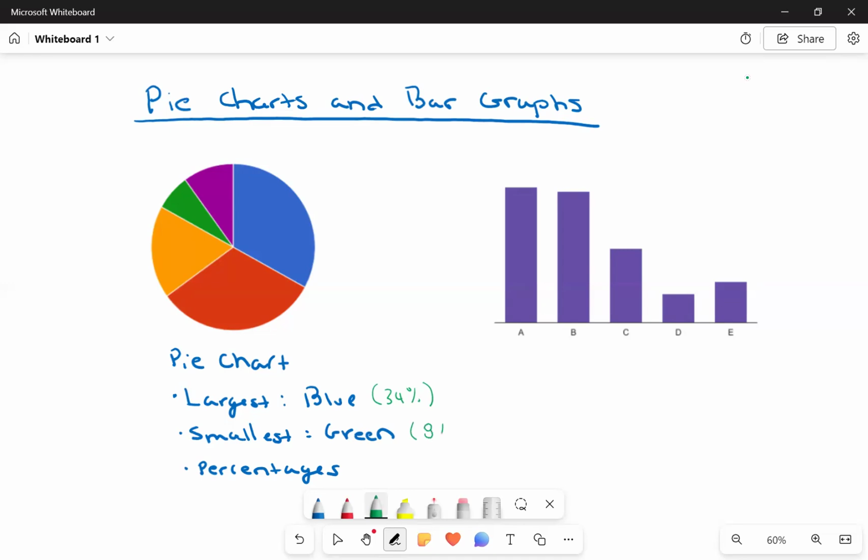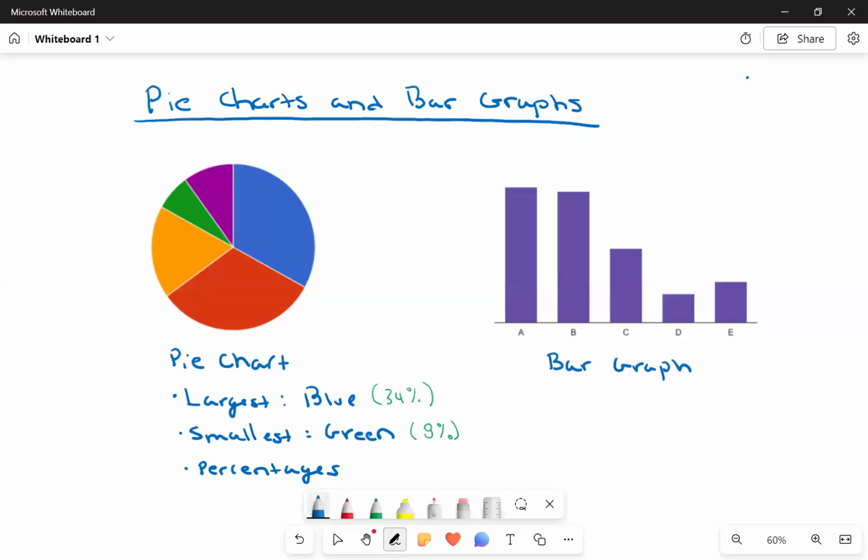It's kind of hard to make those guesses. I could get a protractor and actually measure out the angles, because this is supposed to total up to 360 degrees. I'm not going to do that. We're not going to get that precise, but that's what the pie chart represents: percentages.